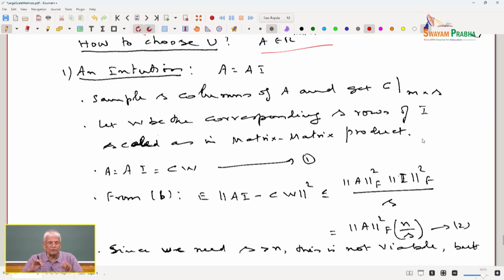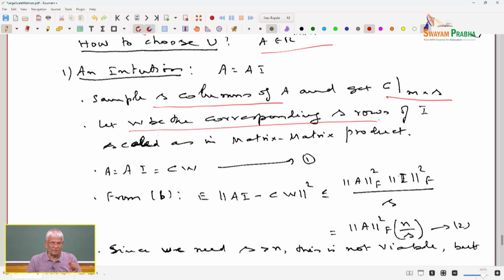So, what is it that I am now trying to do? In order to get a sketch, I am going to fall back on an old algorithm for doing matrix product. In the matrix product, we already have defined an importance sampling distribution that takes into account the norms of the columns of A and the rows of B. Using such a distribution, I could pick S columns of A and build a matrix C, and the matrix W, which consists of S rows of I, scaled in the way that we have introduced.